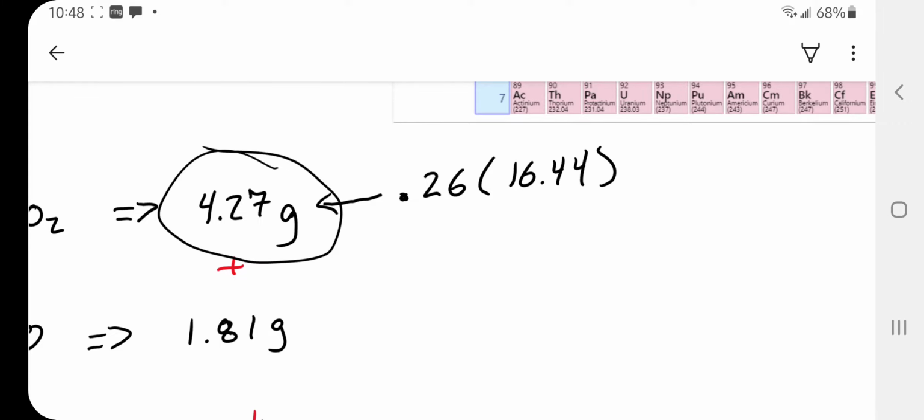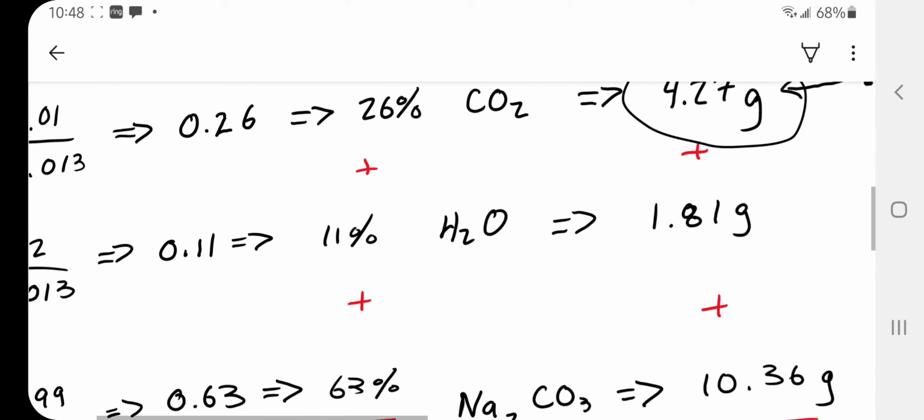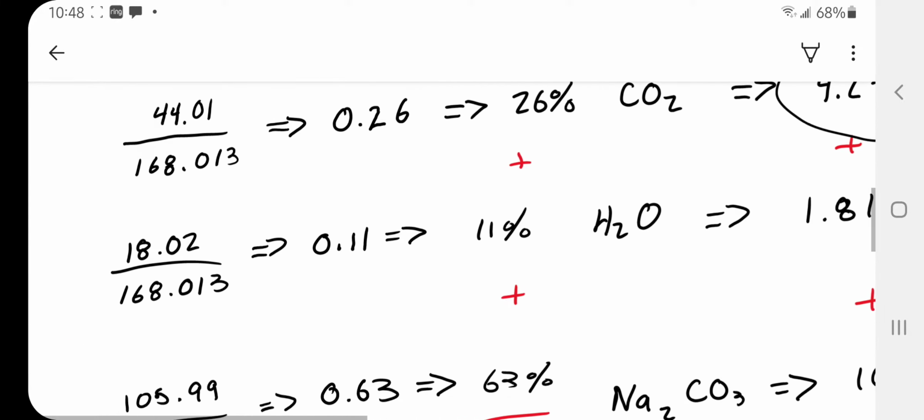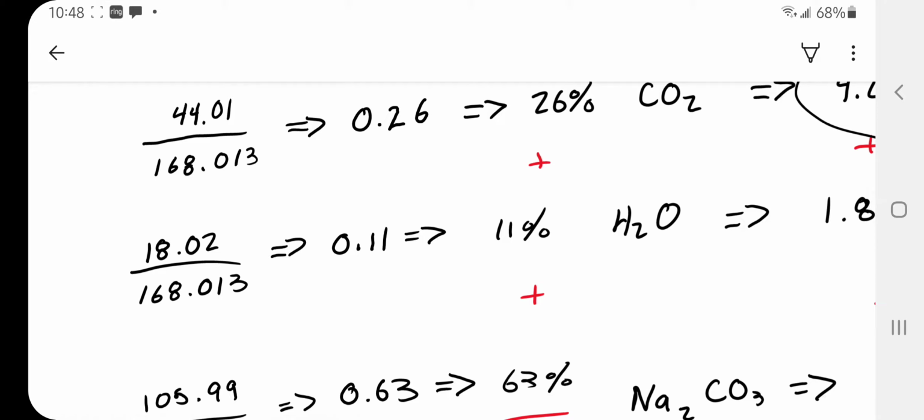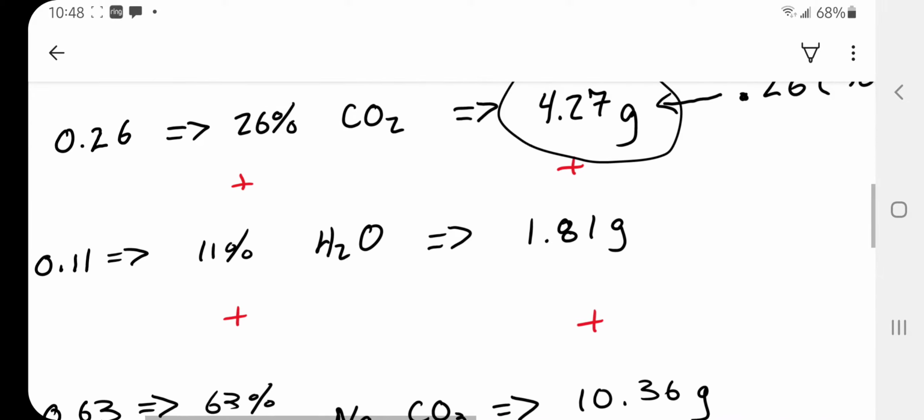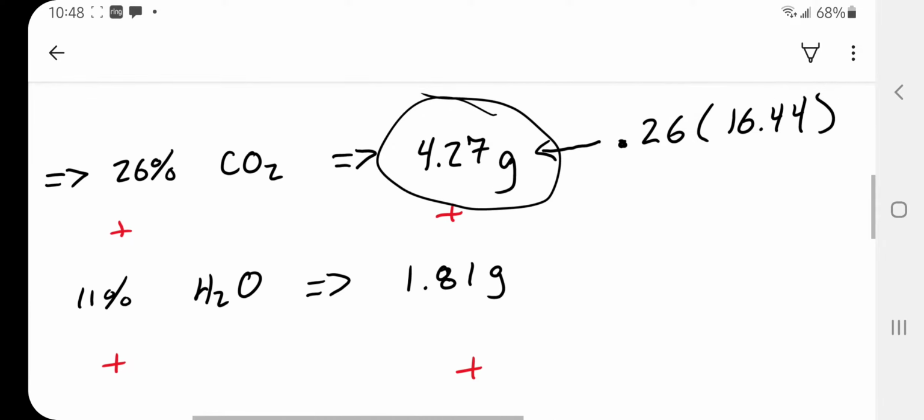We do that to all of the other ones, which is water. In this case, water is 18.02, and we divide it by 168.013. We get 0.11, which is 11% water vapor, and then we multiply it by 16.44 and get 1.81 grams of water vapor.